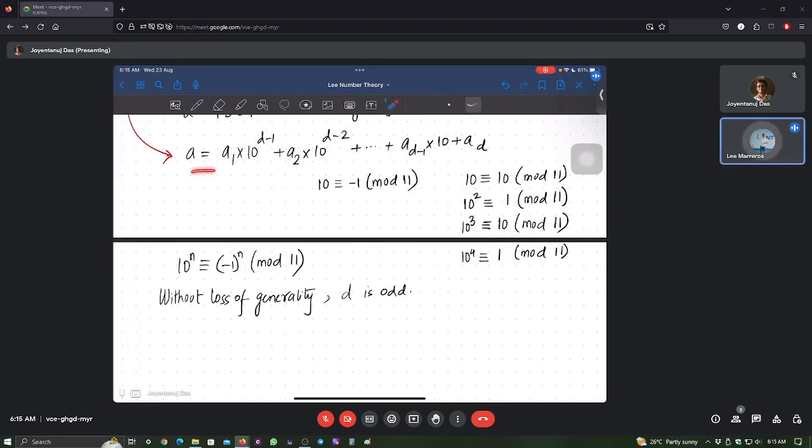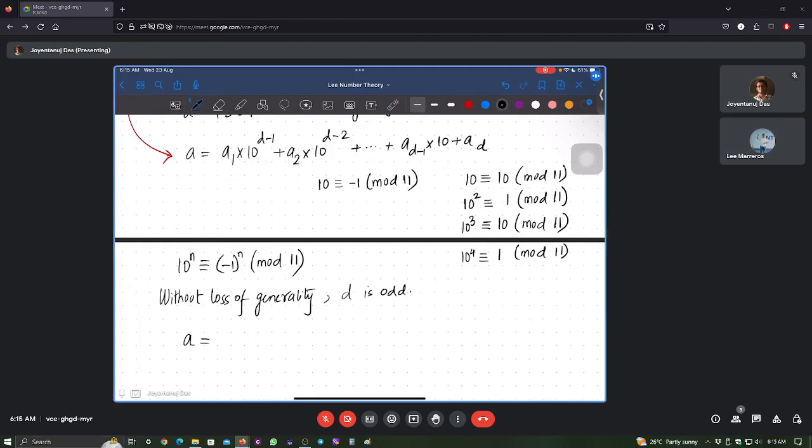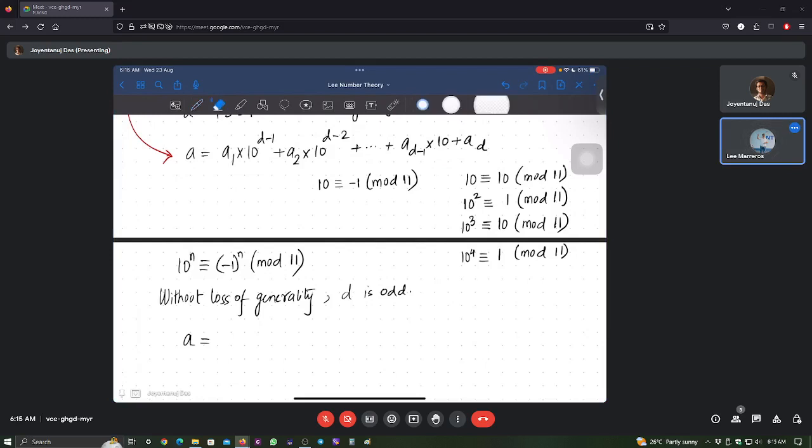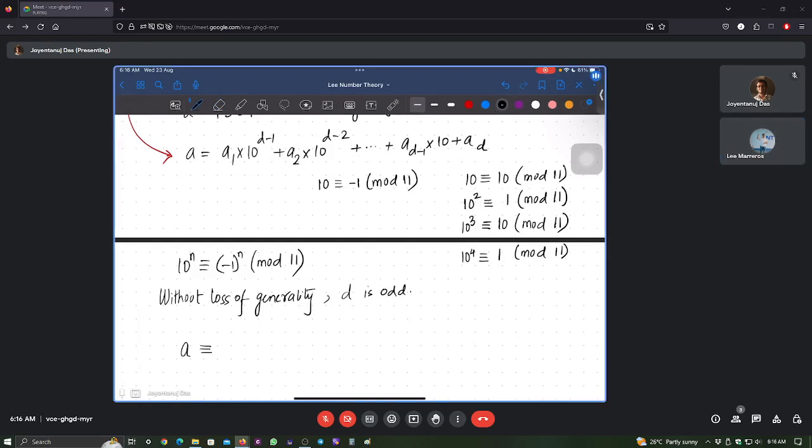It will be a1 times minus 1 to the power d minus 1, plus a2 times minus 1 to the power d minus 2, and so on.